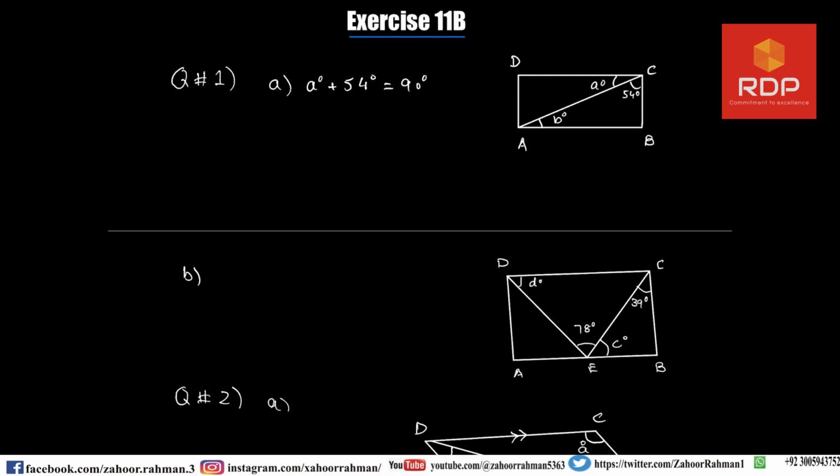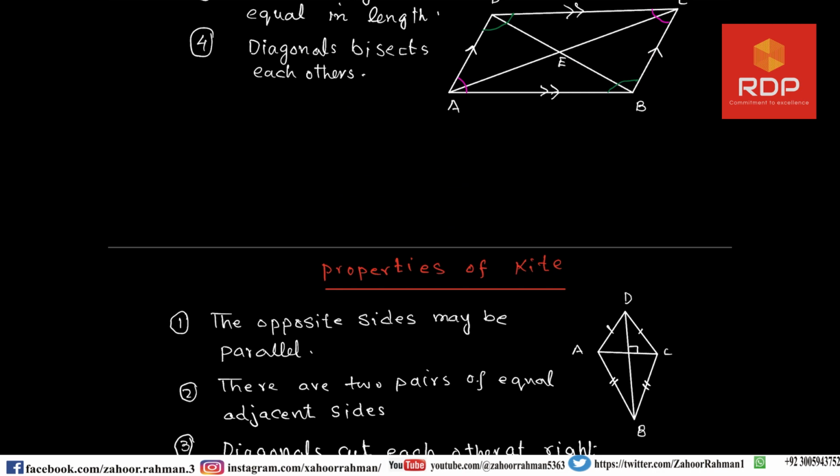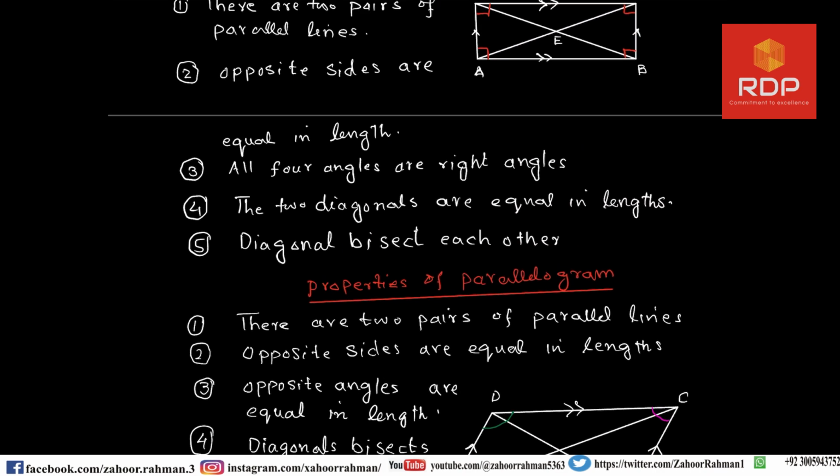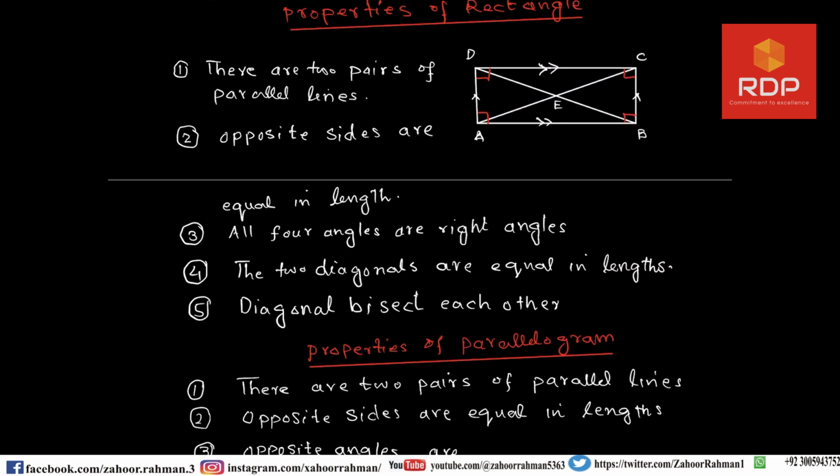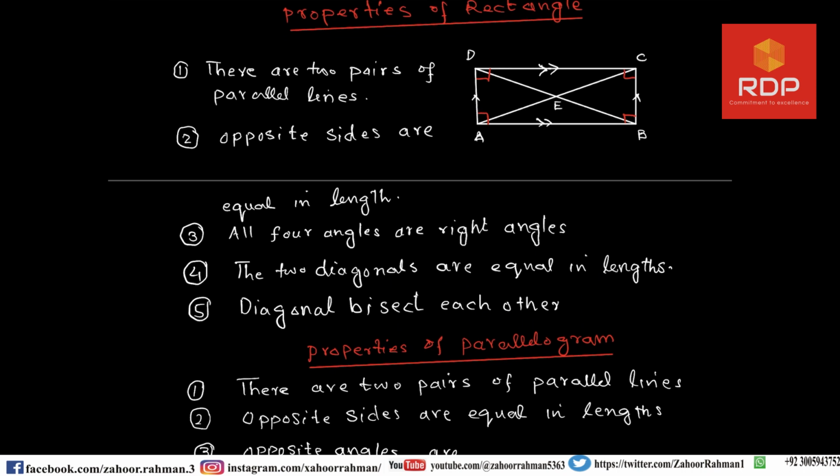So we are writing that due to the property that all the angles of a rectangle are 90 degree. If I refer to it, they are saying in the third one that four angles are right angles.